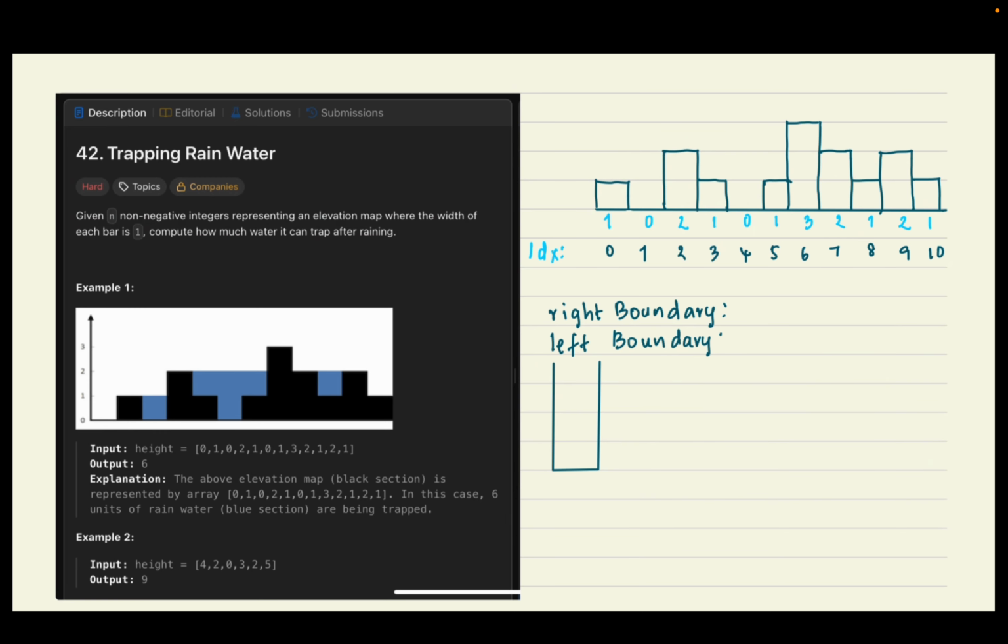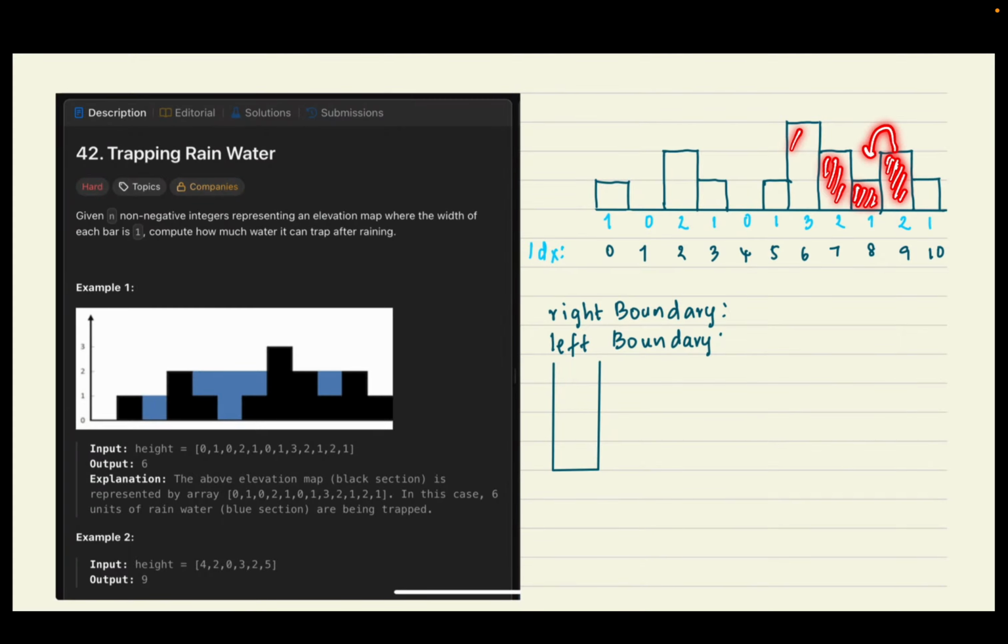As long as I encounter a building which is not higher than its previous building, I will be accumulating all those buildings, storing those whose right boundary needs to be determined. I will repeat this process until I encounter a building which is higher than its previous building.